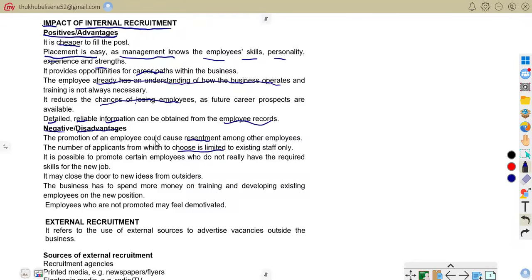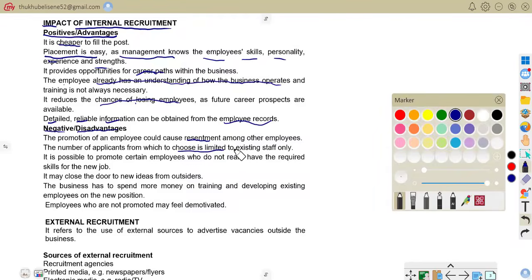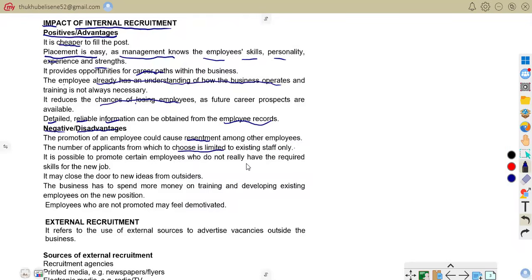So when you are limited, it means now you don't have a large pool to choose from, because only current staff are considered. For example, a company has only 3 employees with basic IT skills. So it means you are forced to choose only from those 3.